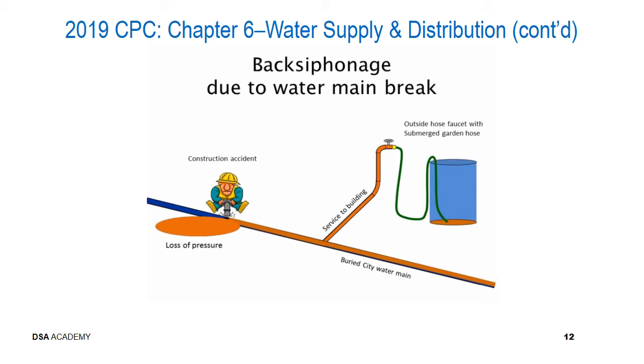And that loss of pressure is going to suck water from any place that it possibly can. Upstream, downstream, branch lines, main lines, it doesn't matter. And it comes with such tremendous force that there's no way that small little diaphragm in that hose connection vacuum breaker is going to keep back siphonage from taking place.